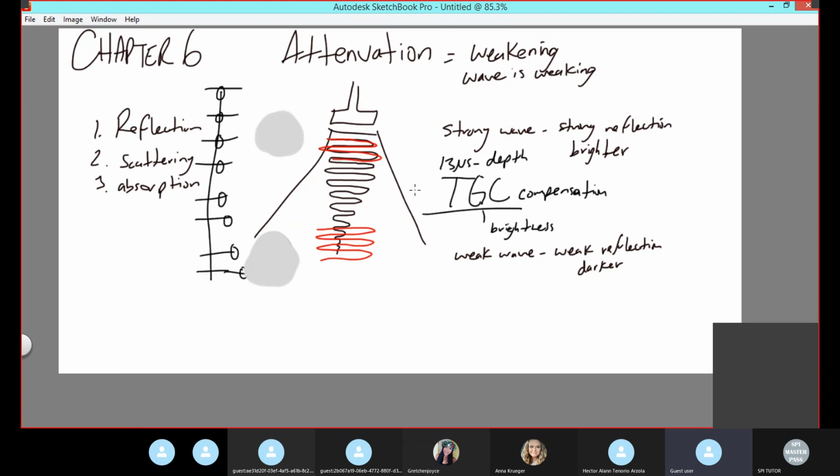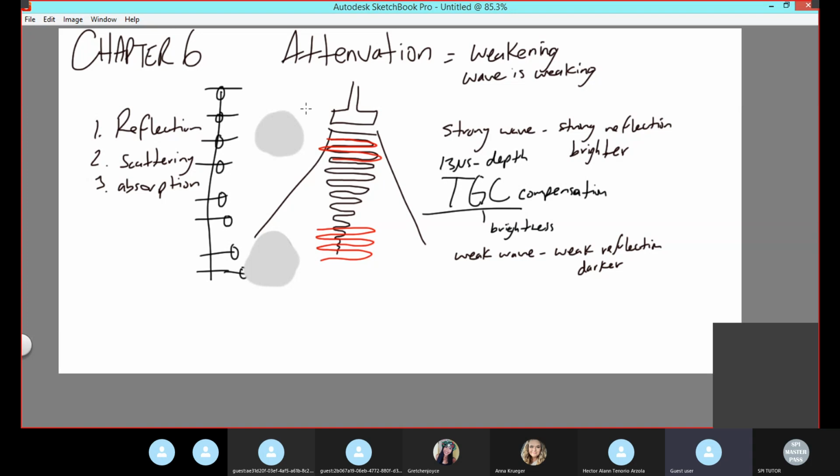Can I ask you a quick question? Yep. The TGC, is that on the right hand side of the machine? Normally it is. And when you're shifting it around, that means you're changing the T, I forgot what the T stands for, the time, G gain and C compensation. That means you're changing everything at the same time?